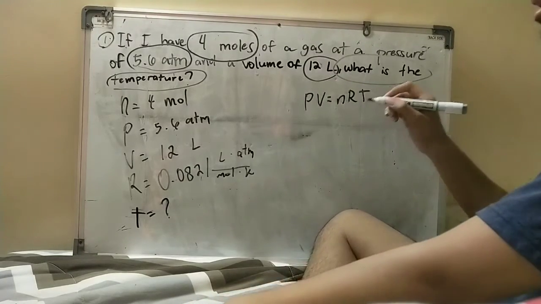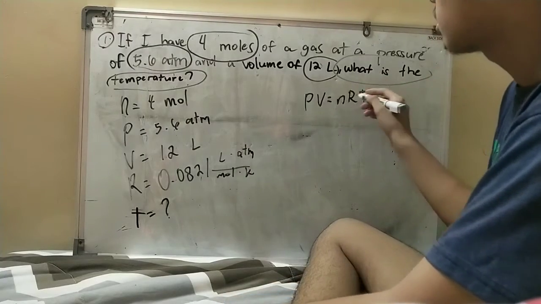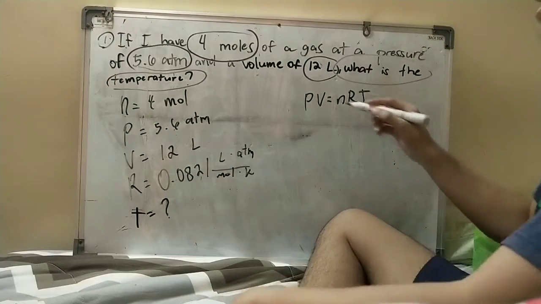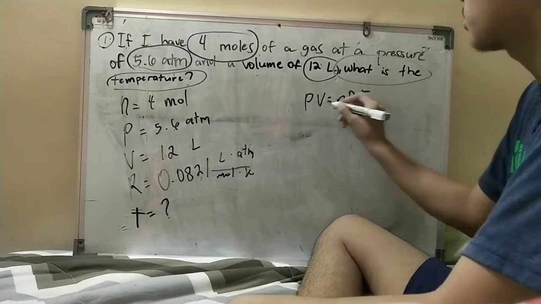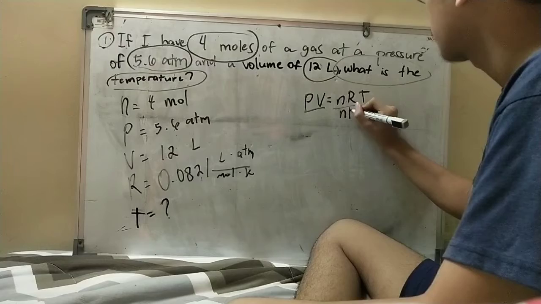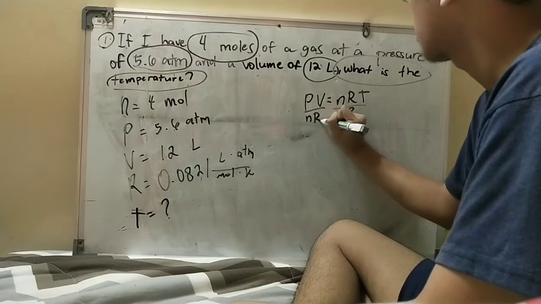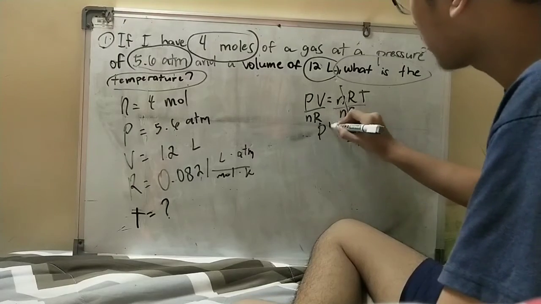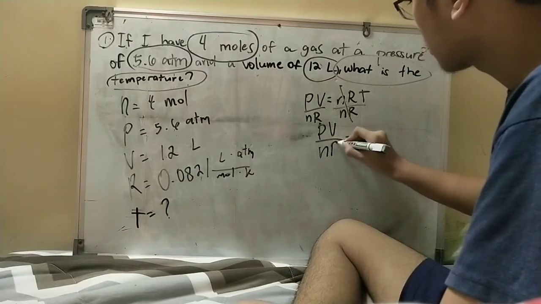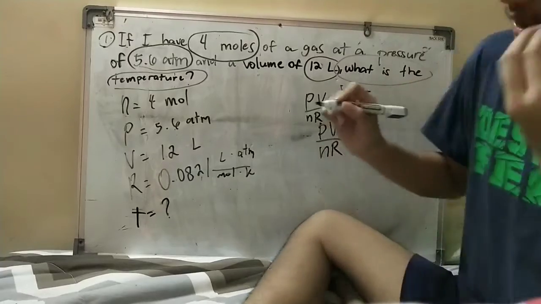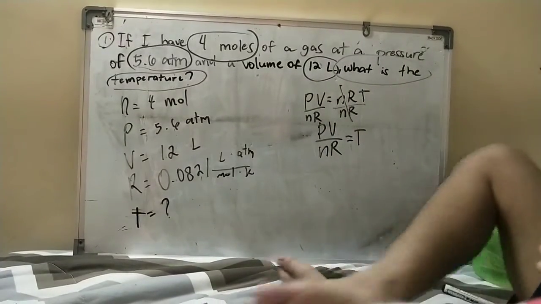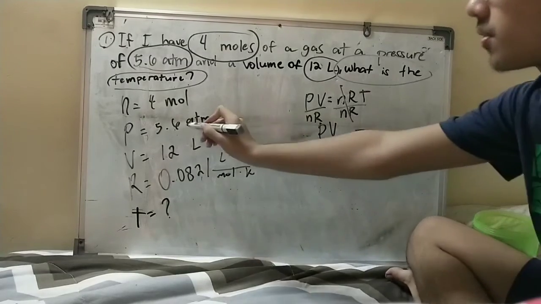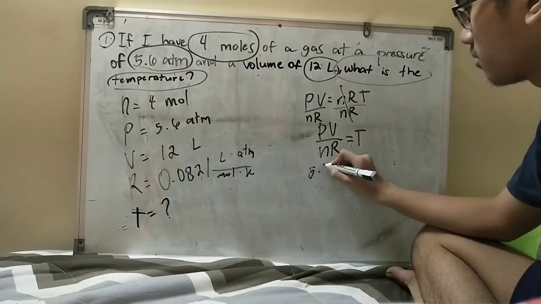Now, since they're already equal to both sides, what are we finding? Temperature. So let's just divide both sides by nR. So, the formula for temperature is PV over nR. Now, let's look at our values and replace them with the formula. So, P is 5.6 atmosphere.